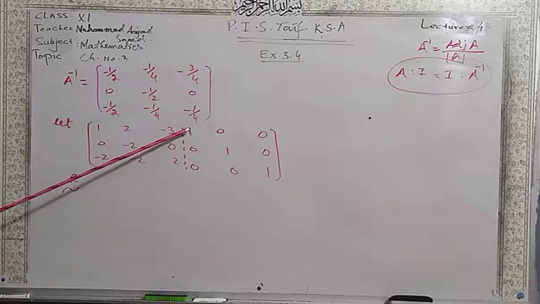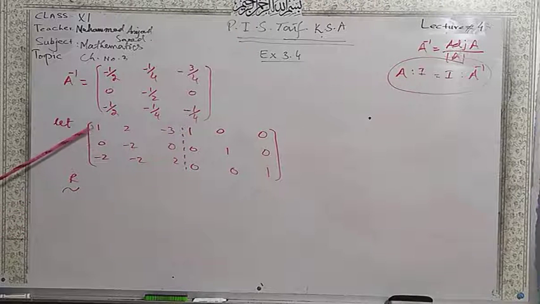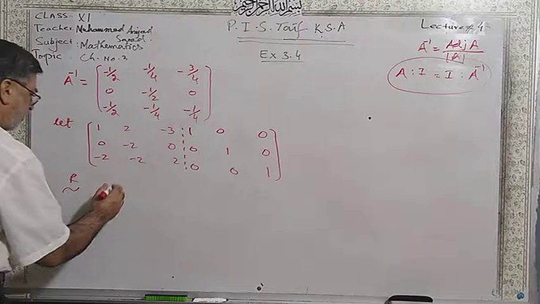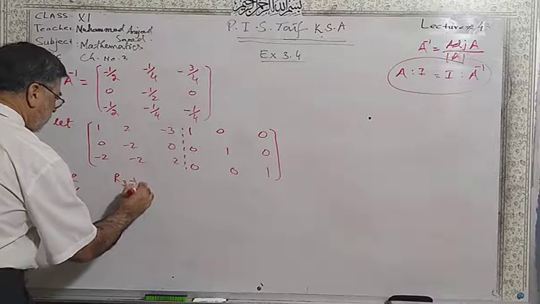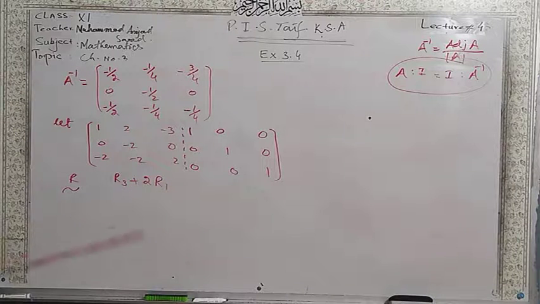What will you do? Here is 1, and below 1 there are zeros. Here is 0 already. Here you have to make 0. Remember that, R3 plus 2R1. You multiply R1 by 2 and add it in R3.